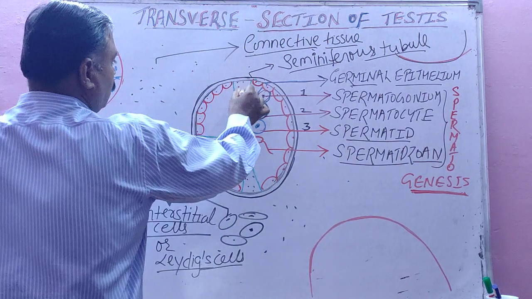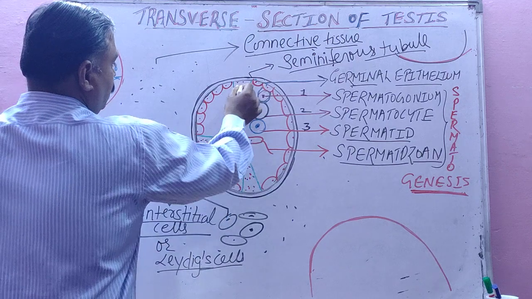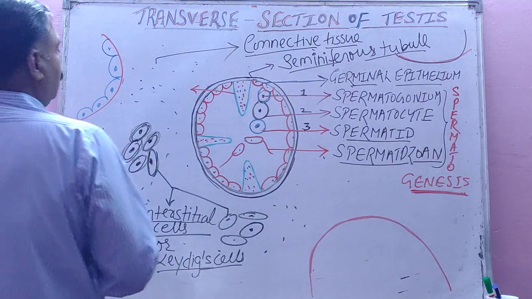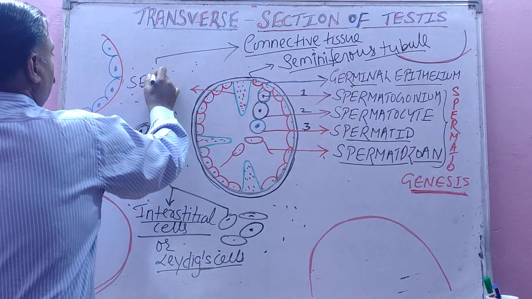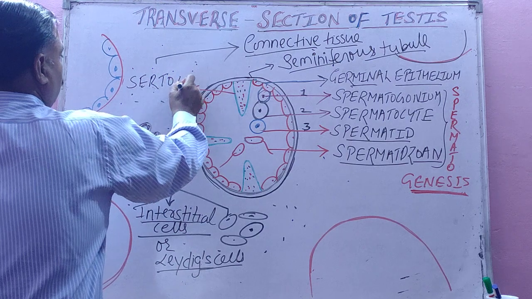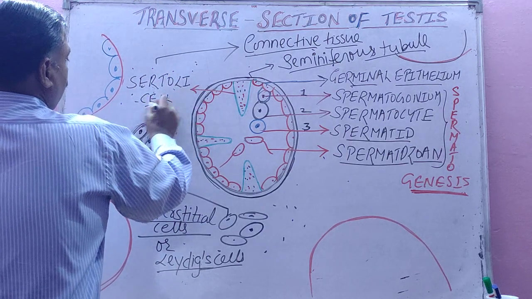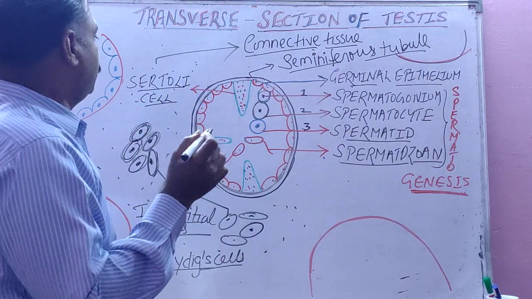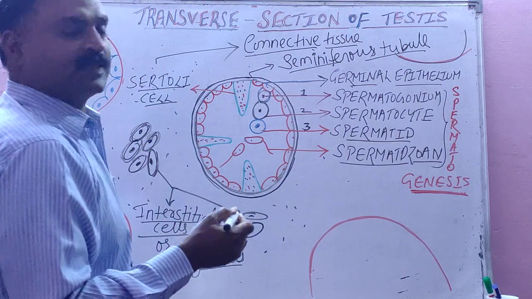And last but not least, you are seeing, student, these conical cells. These are cells of Sertoli or Sertoli cells. Significance or function is asked for 1 mark, maybe in section A. That is, what is the role of Sertoli cells?